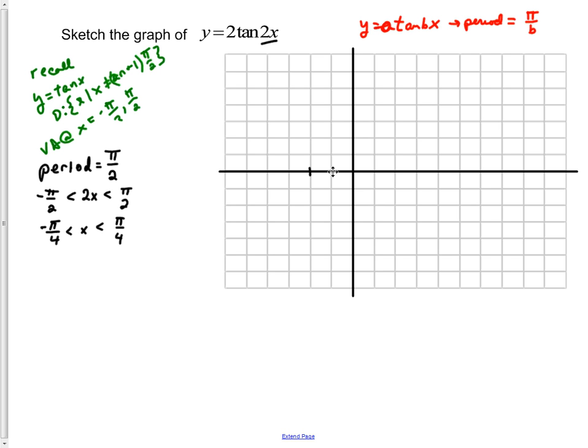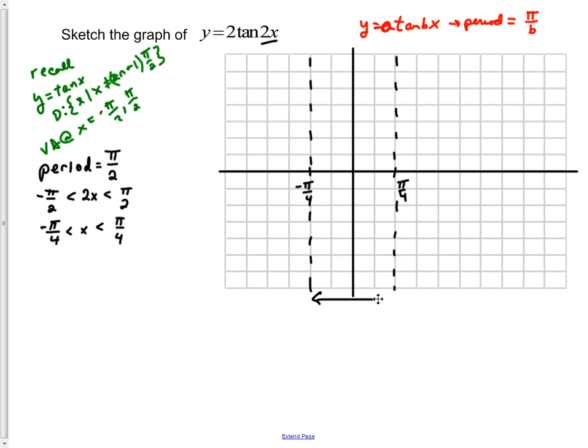So if I were to plot this, here's how I'm going to go. I'm going to have a vertical asymptote at negative pi over 4 and a vertical asymptote at positive pi over 4. Now the period of the function is pi over 2. And if you'll notice, the distance between our two vertical asymptotes at pi over 4 and negative pi over 4 is also pi over 2.